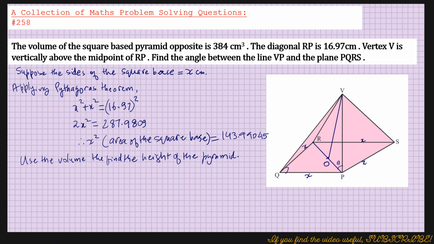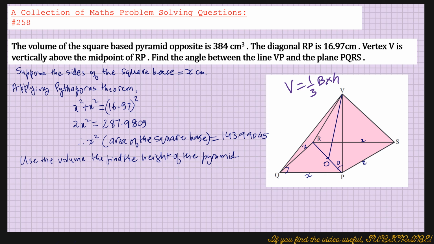Now they have given us the volume of the pyramid, so we'll use the volume to find the height of the pyramid, because the volume is 1/3 times area of base times height.